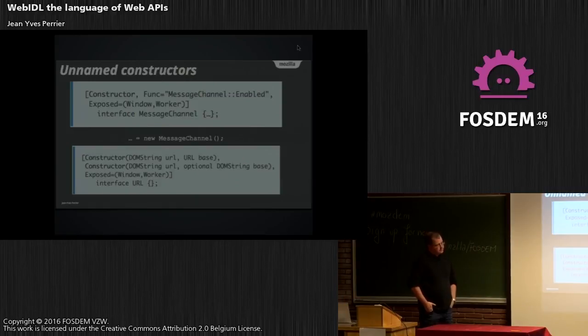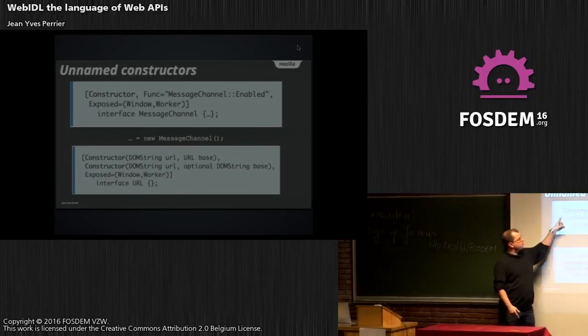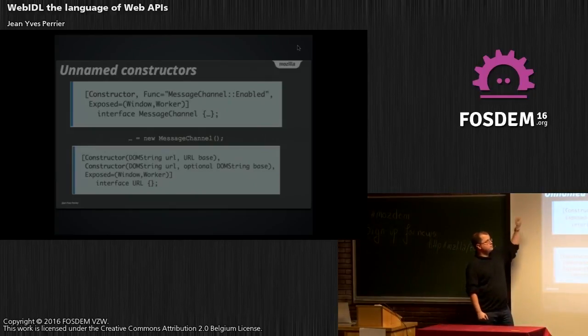Another construction that is needed: you need to construct an object, and you use a constructor. And in several languages, constructors are just specific methods. But in fact, they are a different beast. So WebIDL allows you to define constructors. And there are two types of constructors. Unnamed constructors, which means, in fact, they will have the same name as the interface.